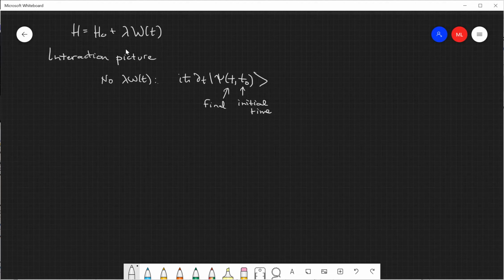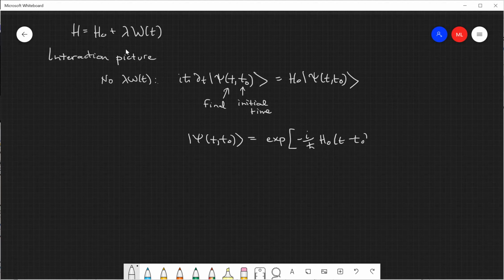This would just obey the Schrodinger equation, and we can solve it immediately because our unperturbed Hamiltonian is stationary, meaning it's time independent. It's just some constant operator.